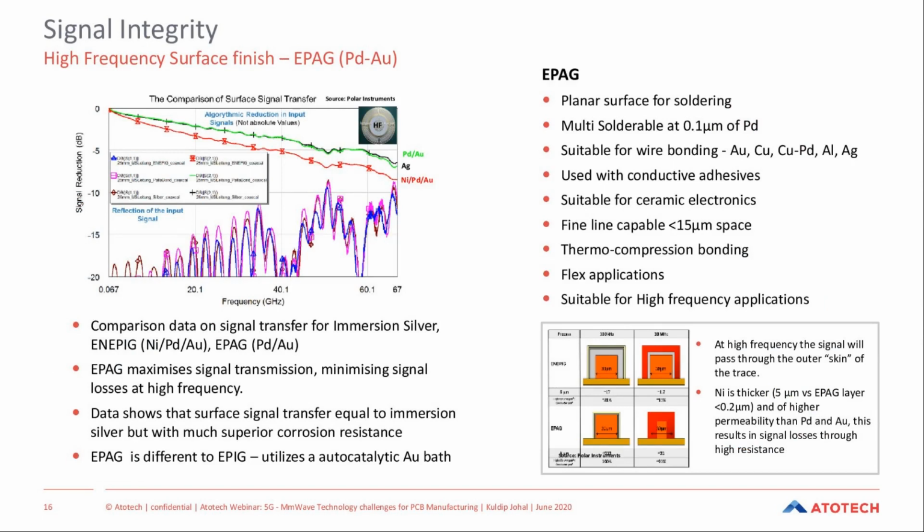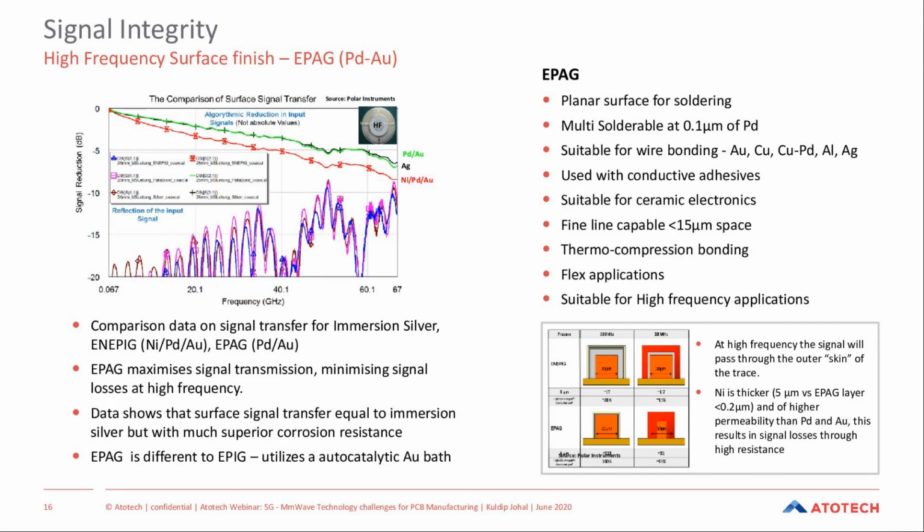So when we move to what finish could be good, I should say one thing on my previous slide that I didn't mention: if you look at conductivity, there's copper and then there's silver. And so everyone should say, okay, why don't we just move to silver?